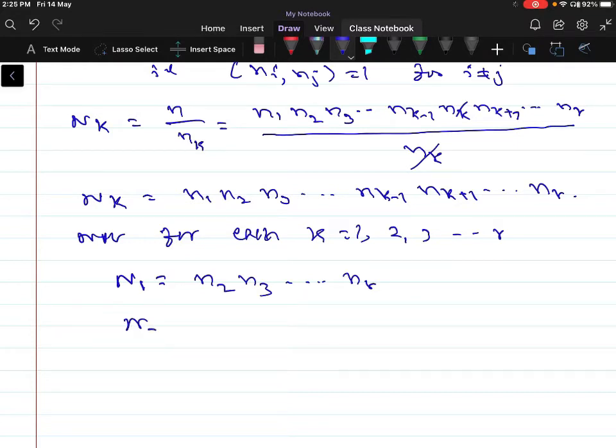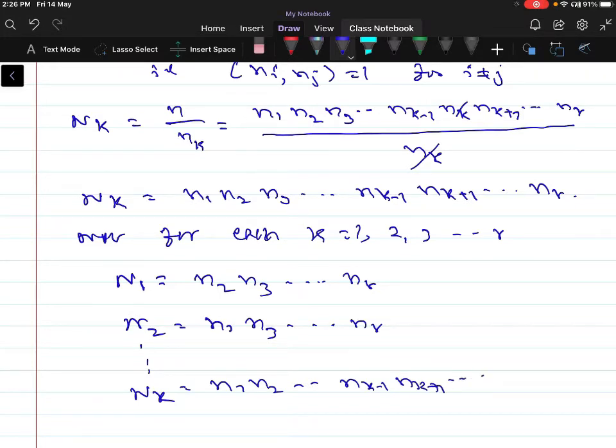Similarly N2 is n by n2, so that can be written as n1 into, there should not be n2 here, next term is n3 and so on nr. So similarly let us define Nk, which is n1 into n2 and so on nk minus 1, next term is nk plus 1 and so on, that is nr.